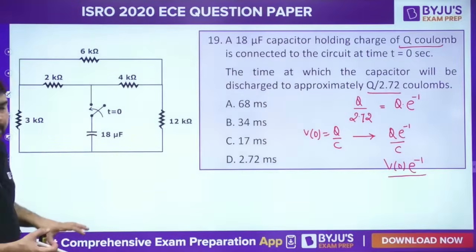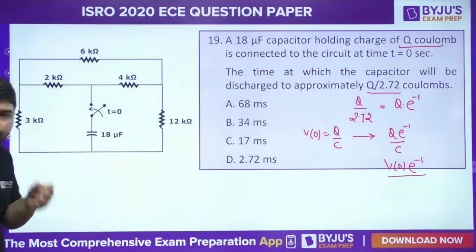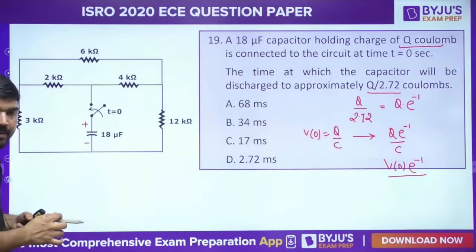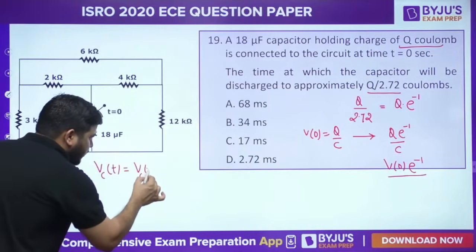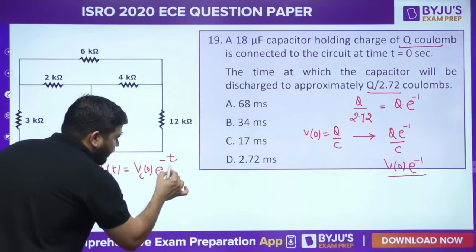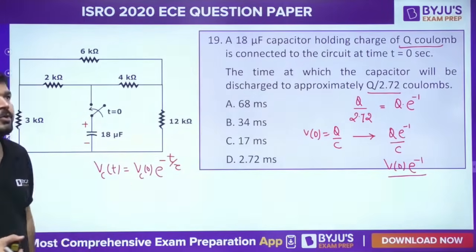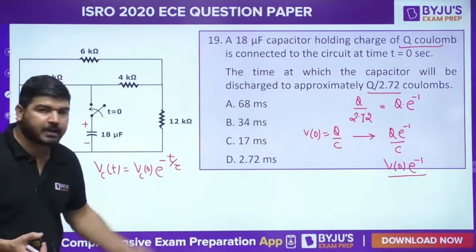For this circuit, we know that there is only one capacitor and all the other things are resistors. So if there is some initial voltage across the capacitor, then the VC(t) expression will be equal to VC0 e to the power minus t by tau. This is the expression for the capacitor voltage. So the capacitor voltage is decreasing exponentially.